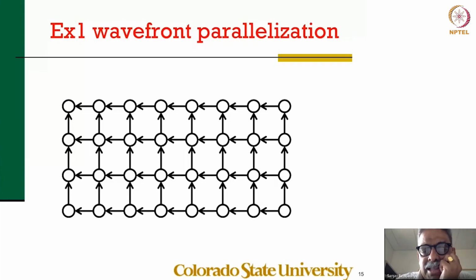So looking at this graph just visually, can you identify an order of execution? Remember our original order of execution was top to bottom, left to right. And our original execution order took n times m because it executed each instance of a loop body one after the other because it was a sequential program.